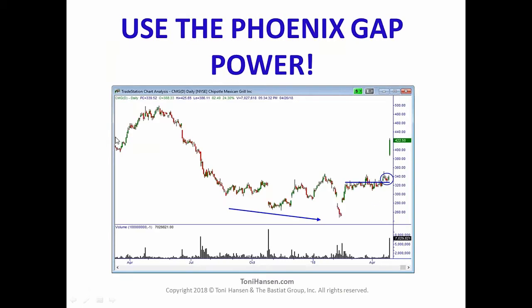Another way that I use a Phoenix is when I am doing gap trades in individual stocks. A lot of times, especially now since we're in earnings season, you will see securities that are in periods of congestion, that have been basing out on the larger daily time frames.